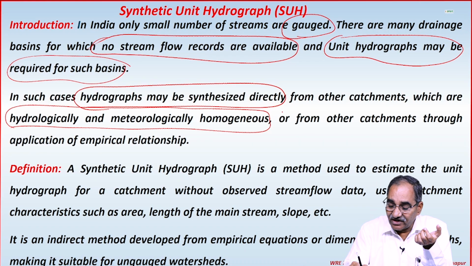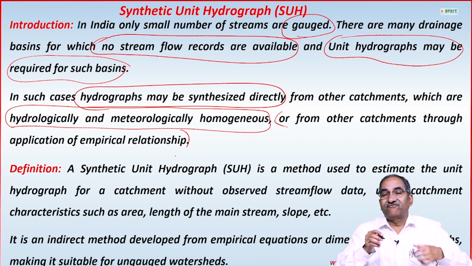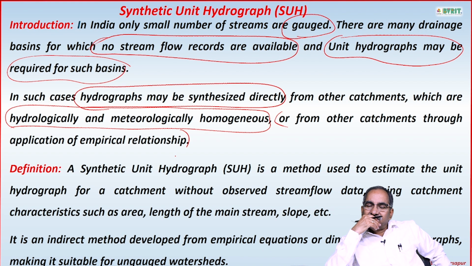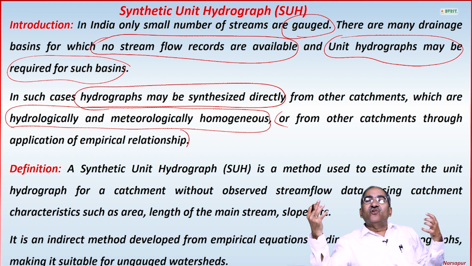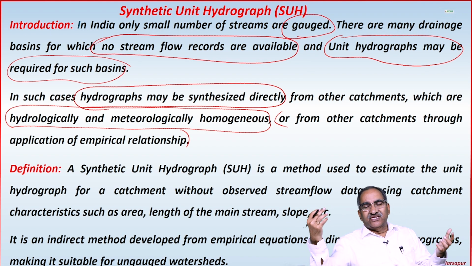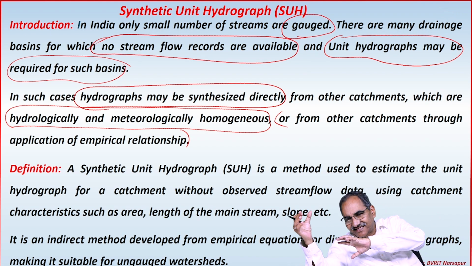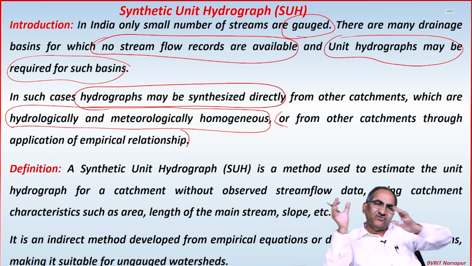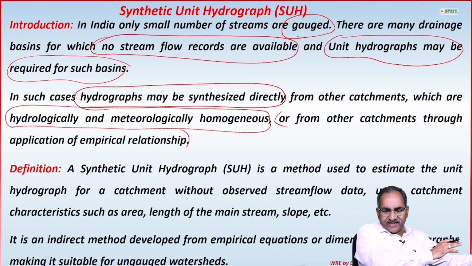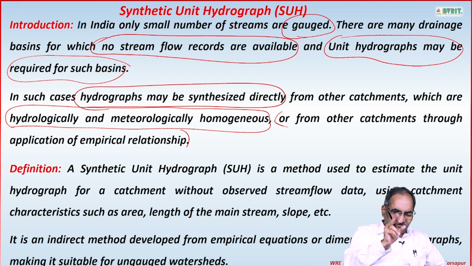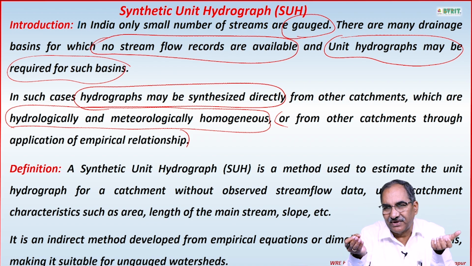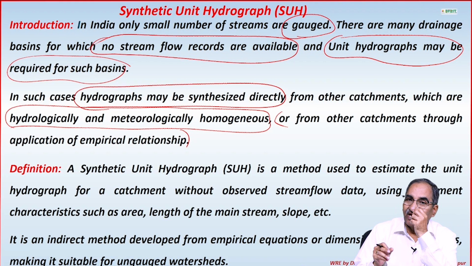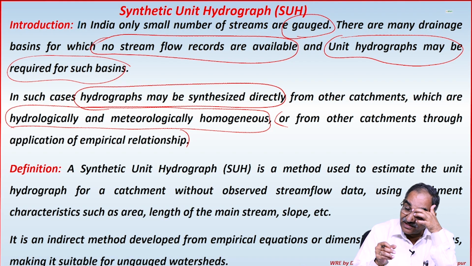There are only two ways by which you can derive a synthetic unit hydrograph. Number one, you select a hydrologically and meteorologically similar, homogeneous catchment, and bring that data to this ungauged catchment. That is one method. The second method is to use some empirical equations and try to get the data.